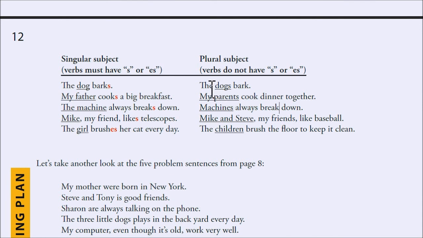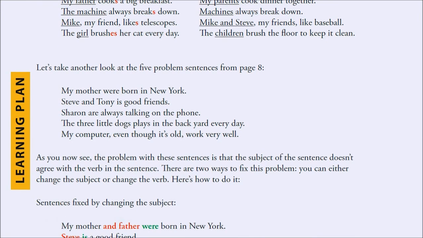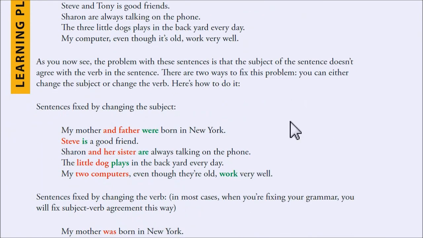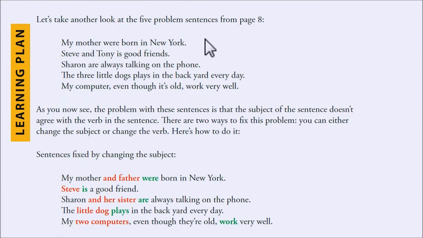If the subject doesn't have an S, the verb does. All right? And you're going to look at these problem sentences from page 8. These are sentences with problems in them, and here are some examples of how the subject-verb agreement problem was fixed.